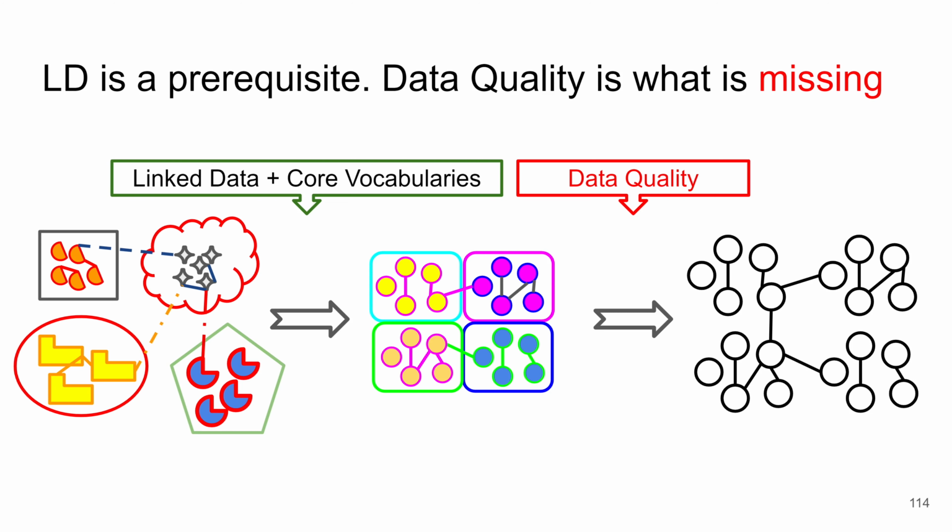But still, this is just a prerequisite for proper data publishing on the web. You need to further think about data quality so that it is easy for other people to work with the data. An illustration here shows that it should be as easy as if, for instance, 4 data sets coming from different publishers but about the same things, for instance, points of interest.